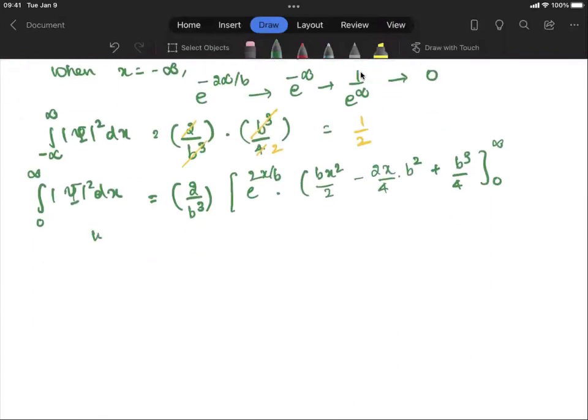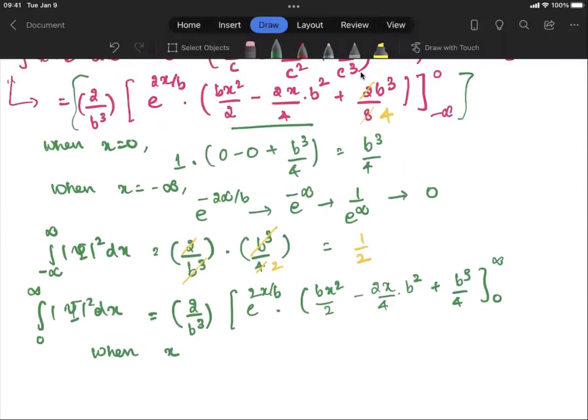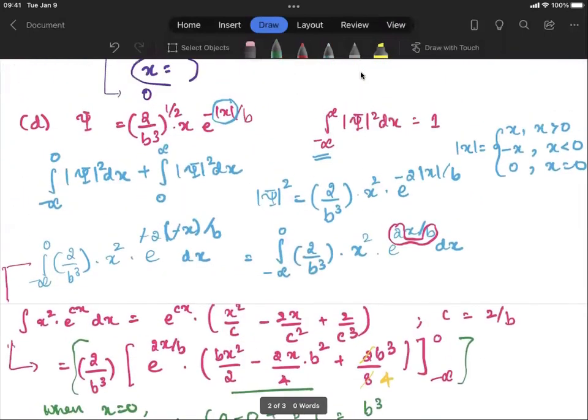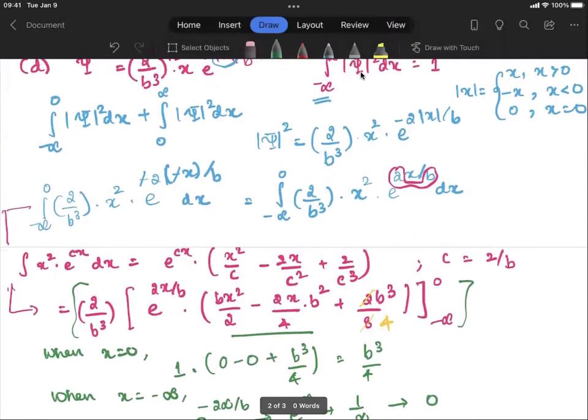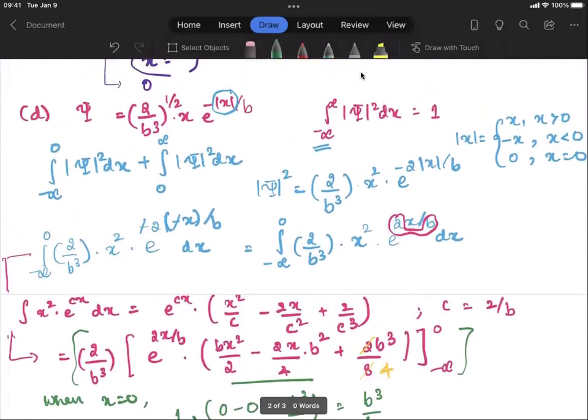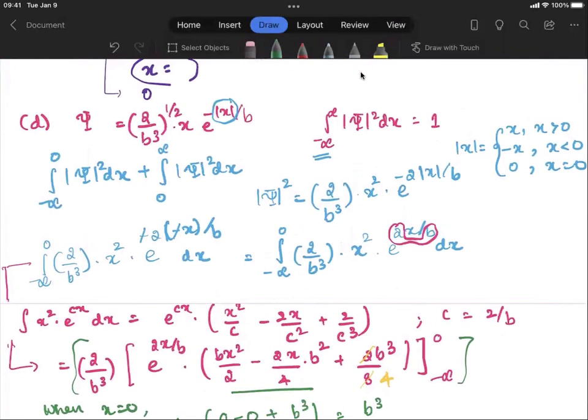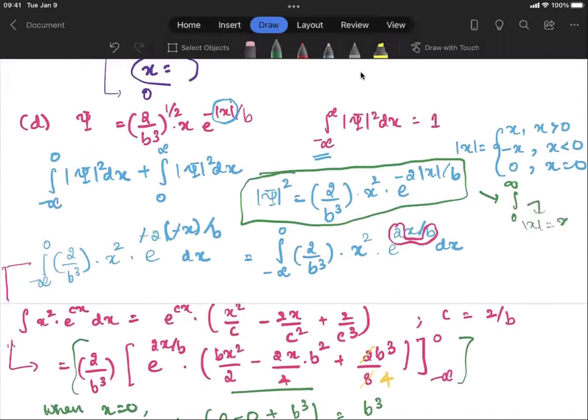I'm sorry, you will have a negative sign because, yeah, in the value of psi squared, we have 2 over b cubed x squared e to the power negative 2 modulus of x, right? So when we look at the integral from 0 to infinity, when we look at all positive values, modulus of x is just going to be x.